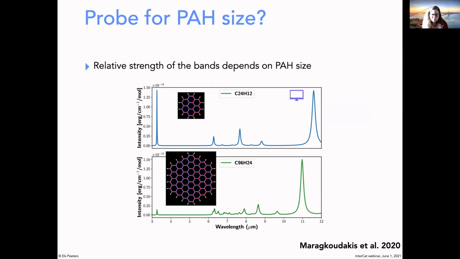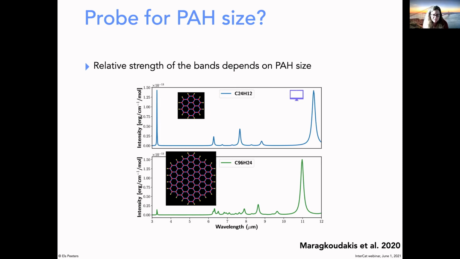If you take two PAHs and they have different sizes, the relative strength of their emission features depends on the size. And the reason for that is that the relative strength of the bands is strongly influenced by the excitation temperature of the molecule, and the excitation temperature depends on the size of the molecule if they absorb the same photon energy.